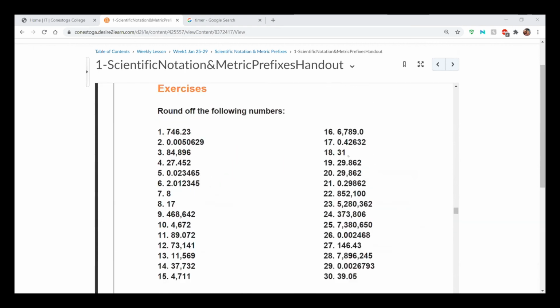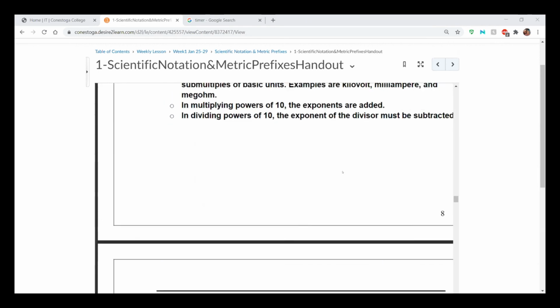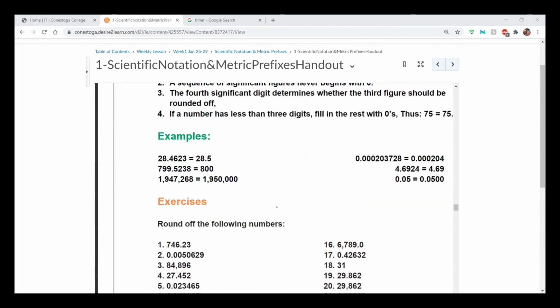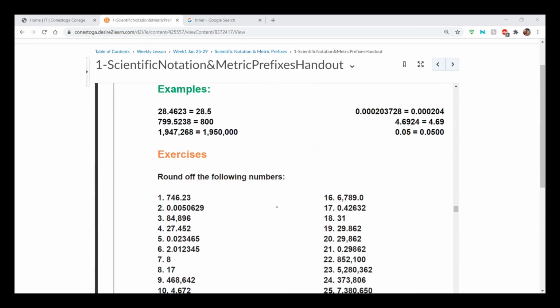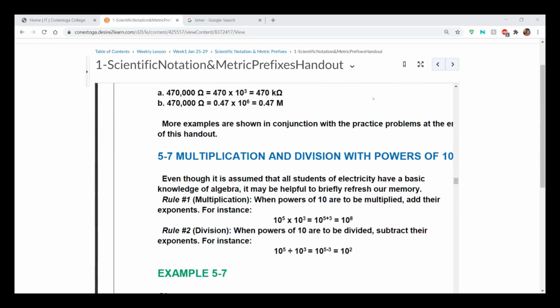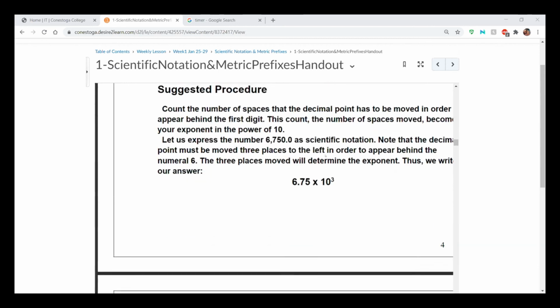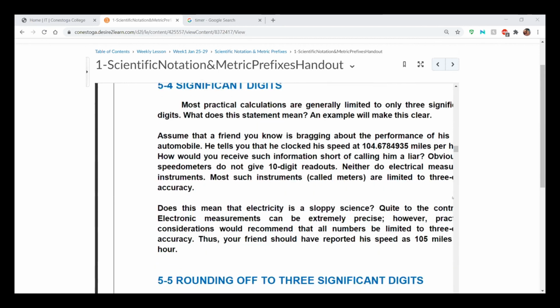It seems that we are on the right pace here.